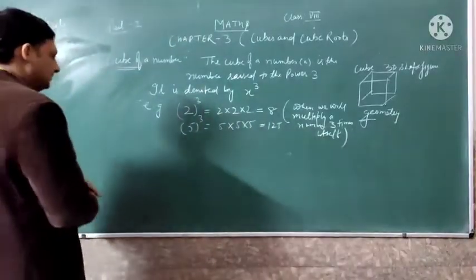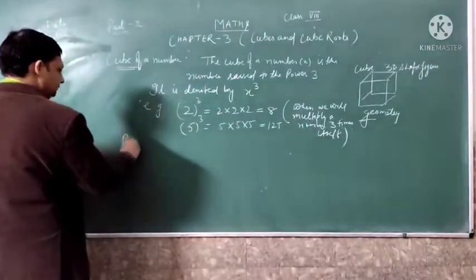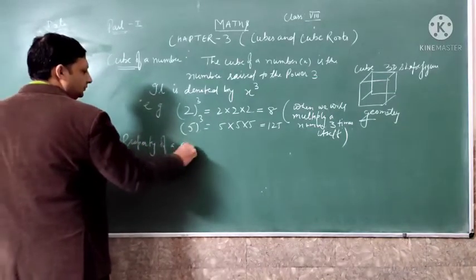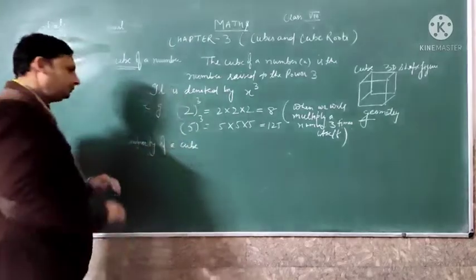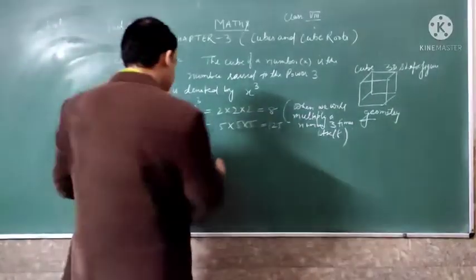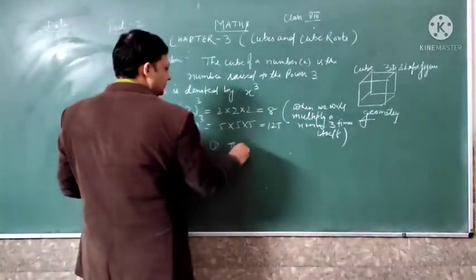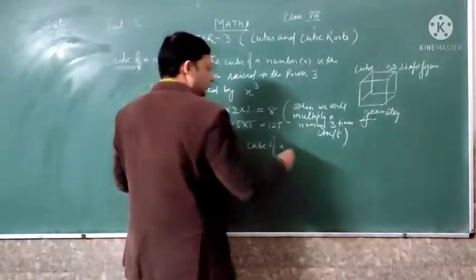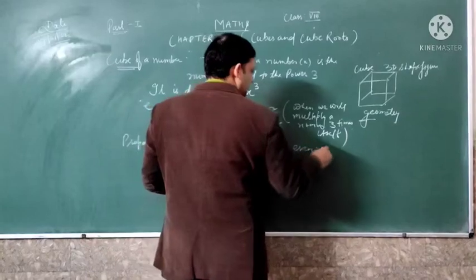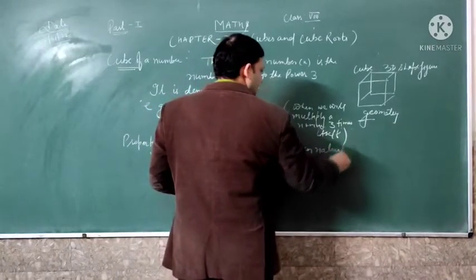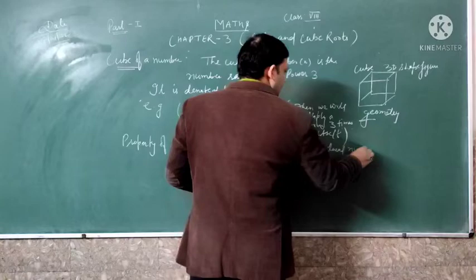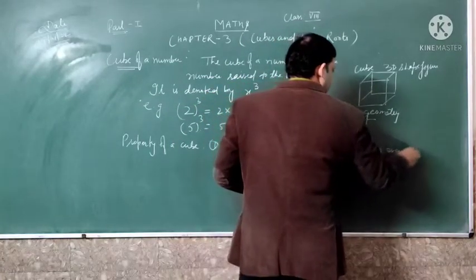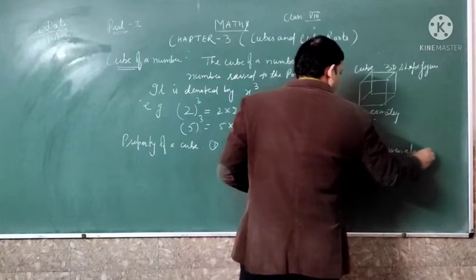Now we will discuss properties of cube. First property: the cube of an even natural number is always even.